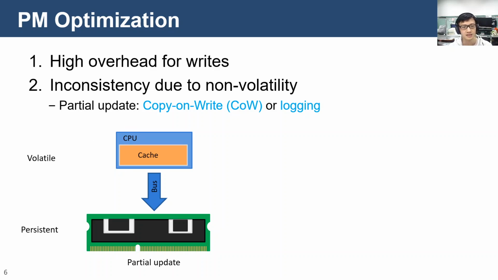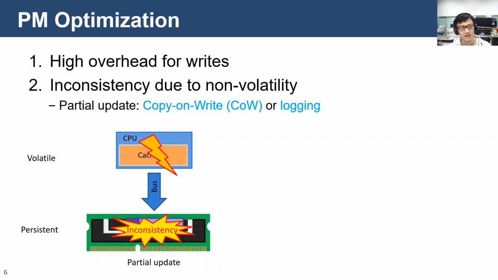Second, the non-volatility of PM exposes data to inconsistency. Data larger than 8 bytes cannot be atomically updated by one atomic instruction. If the partially updated data are flushed to PM and a system failure occurs, the data in PM are inconsistent and corrupted.